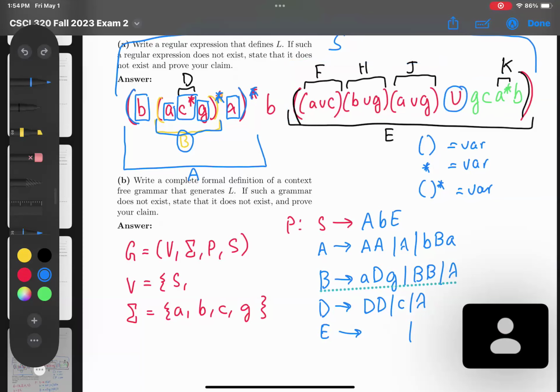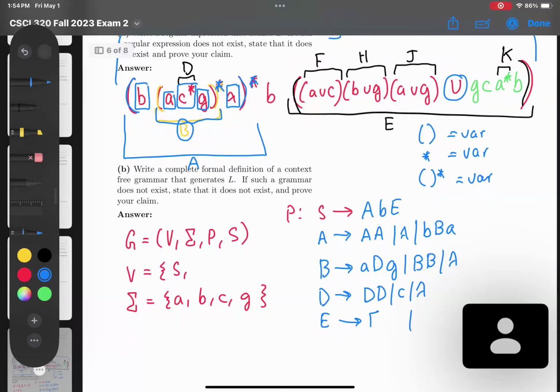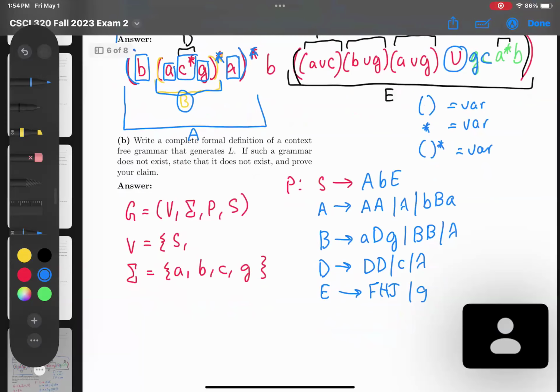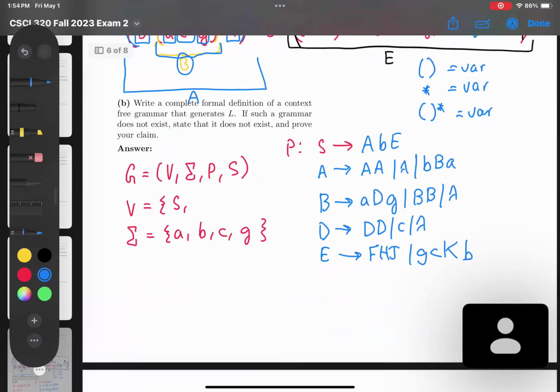We'll do the first piece first. The first piece is a concatenation of F, H, and J. So F, H, J. And the second piece is G, C, nothing special. And then we have this K that we labeled. So K is next. And then a lowercase b.